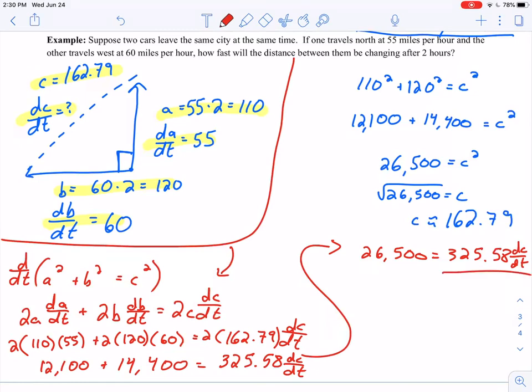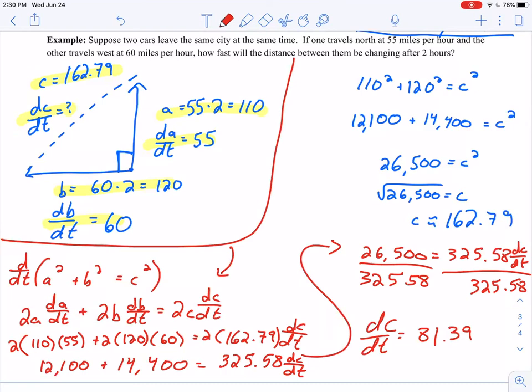Then I'll just need to divide by 325.58 on each side of my equation. If I do this division, I should end up with dC over dt about 81.39.